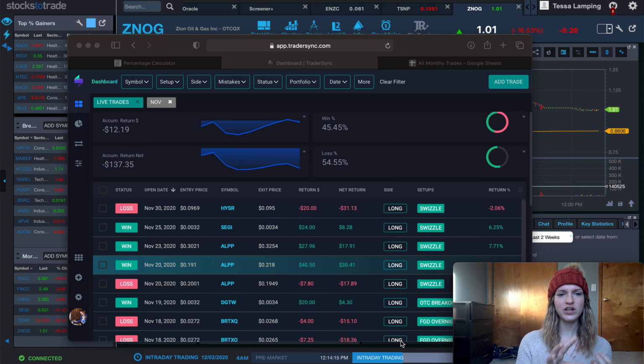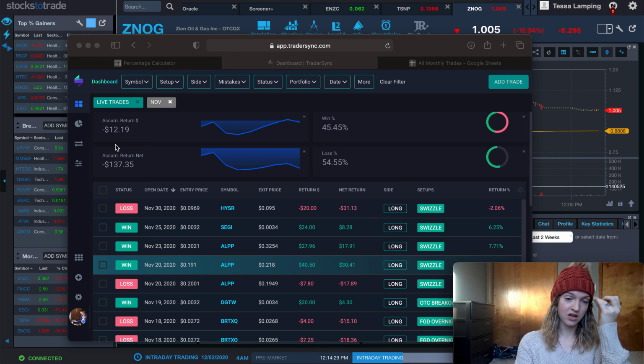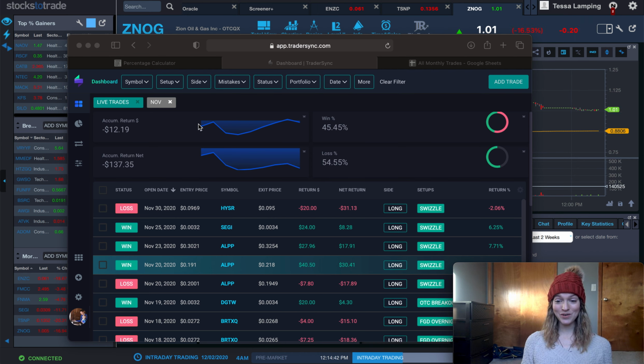On TraderSync, it showed my cumulative return dollar amount was positive $7.81, which now you can see here it's down $12.19, and that's because of my last trade on the 30th, the last day of November. Anyways, it said 781, and so I'm like, yes, I was able to cover commissions, and I'm green on the month. I was just very proud of myself.